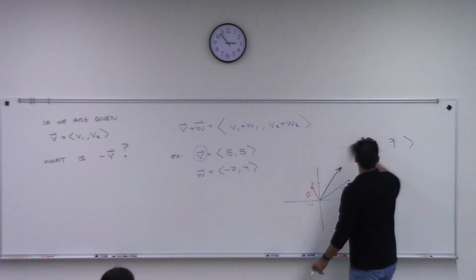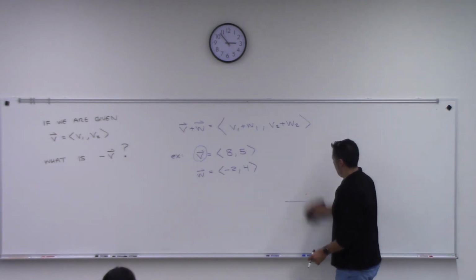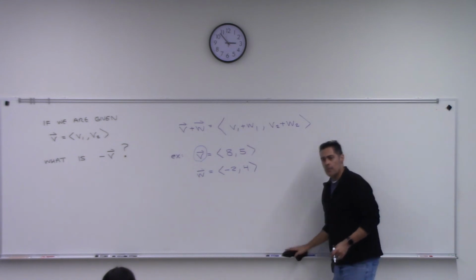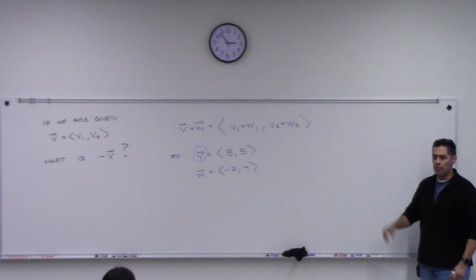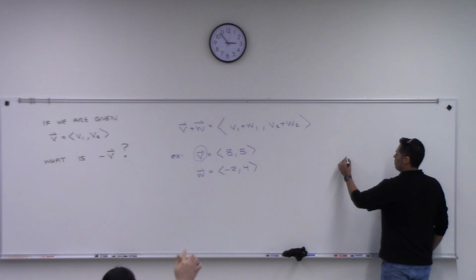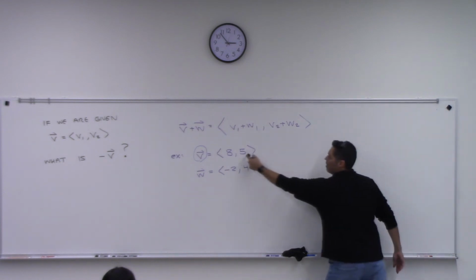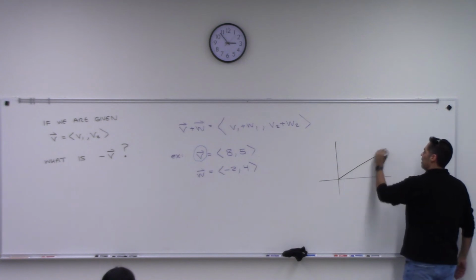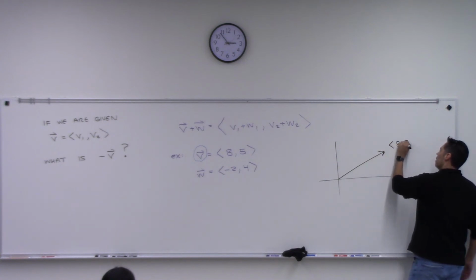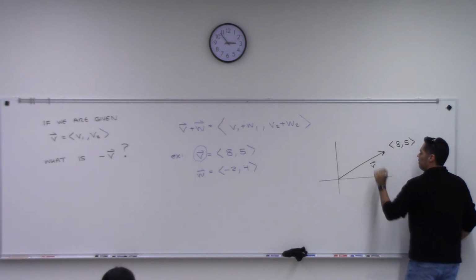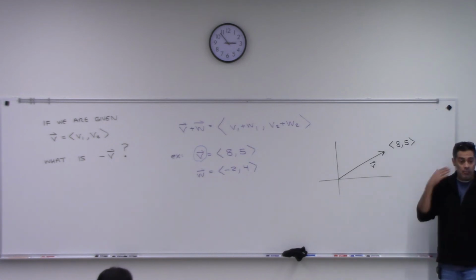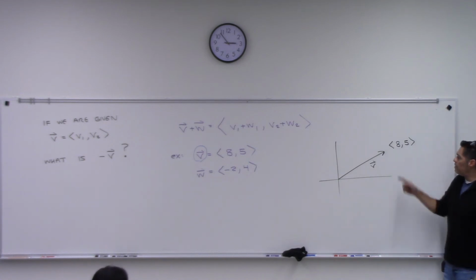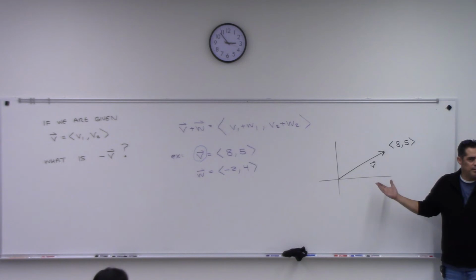Wouldn't the tip and the tail flip-flop? So like this one right here, 8, 5. Let's just draw that one. 8, 5 is this vector right here, right? That's the vector 8, 5. And we're calling that the vector v. I'm trying to get your opinion as to what you think the negative of this vector should be.